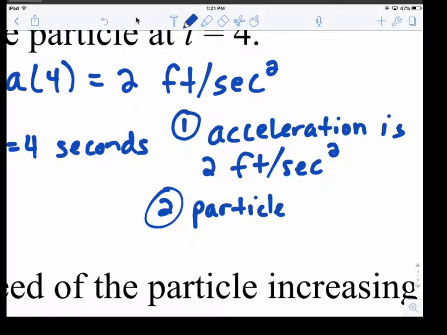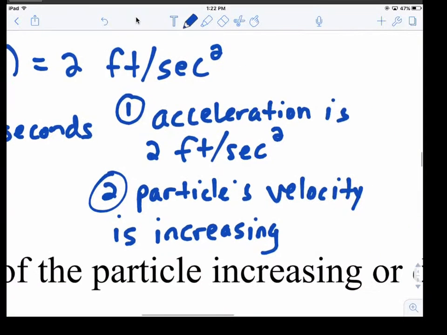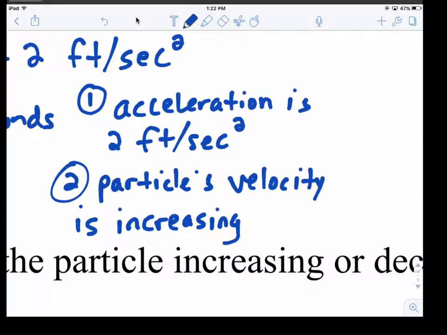Particle's velocity is what? So you have to look at the sign of what you got for acceleration. It's positive, so that means that the particle's velocity is increasing. Exactly.